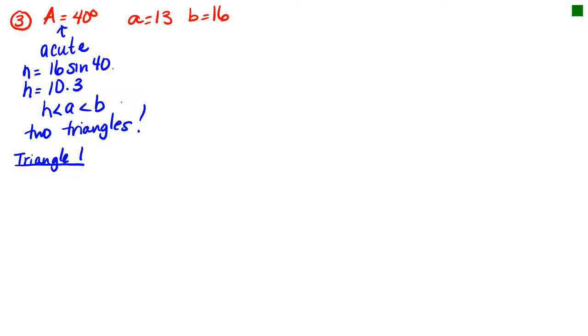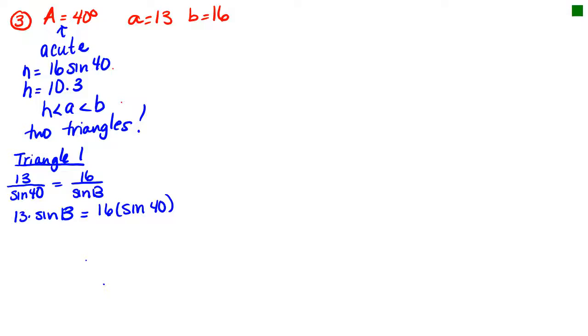All right, so triangle 1, we're just going to do like we did the other problem. We're going to find angle B first. So 13 over sine of 40, so side A over angle A, side B over angle B. Cross multiply, 13 times sine of B equals 16 times sine of 40.